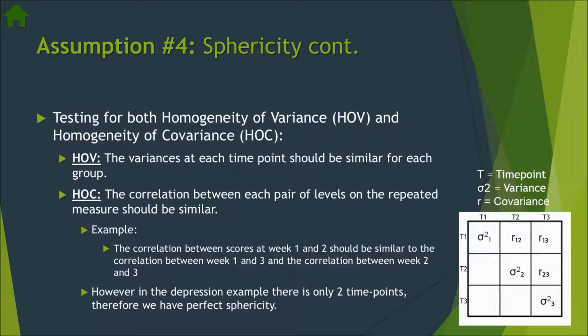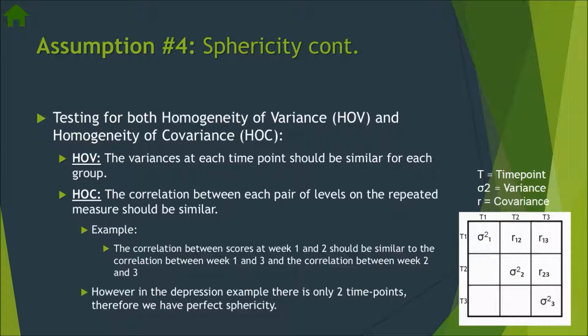Now, sphericity is testing for both homogeneity of variance and homogeneity of covariance. Now, we already know what homogeneity of variance is, so it's that the variances at each time point should be similar for each group.